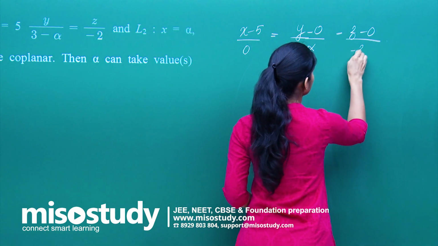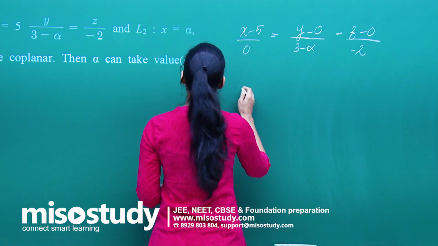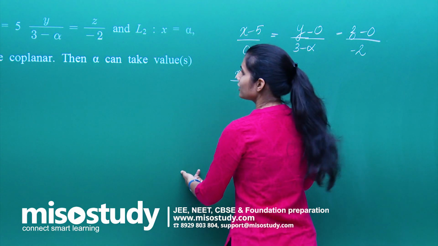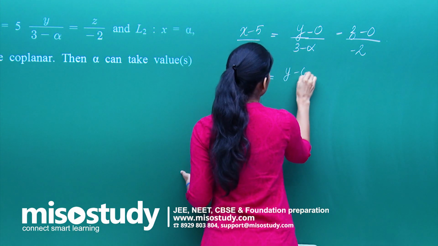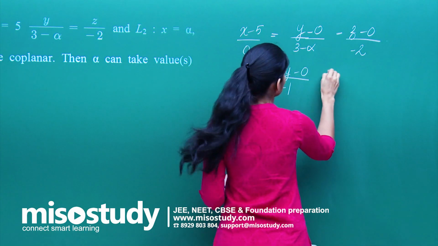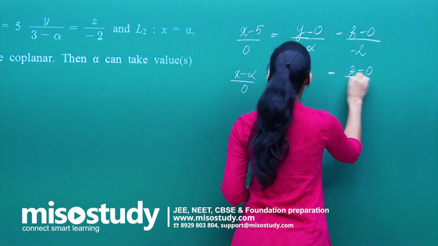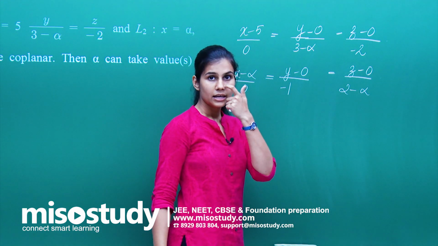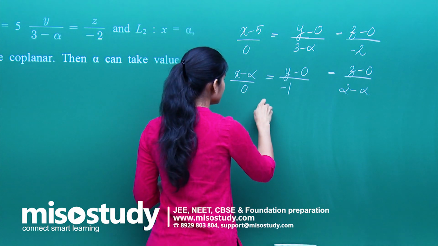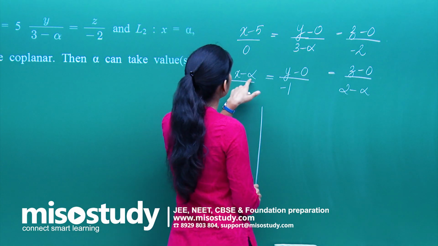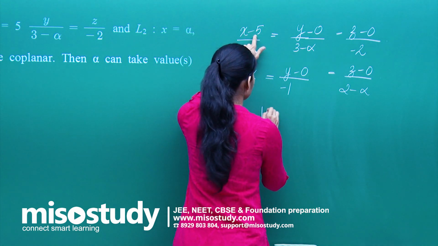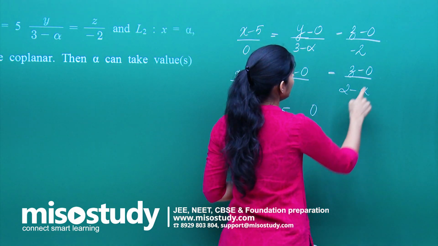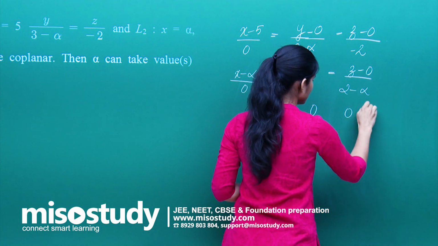Then you have x minus alpha upon 0 equals y minus 0 upon minus 1 equals z minus 0 upon 2 minus alpha. Now, if these two lines are coplanar, this simply means alpha minus 5, 0 minus 0 and 0 minus 0.